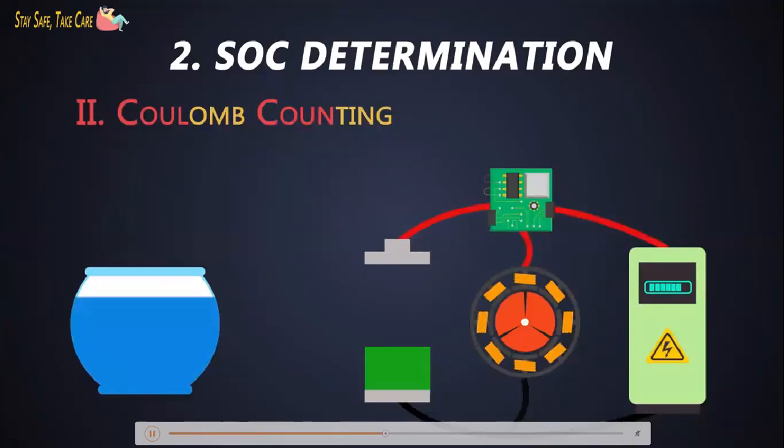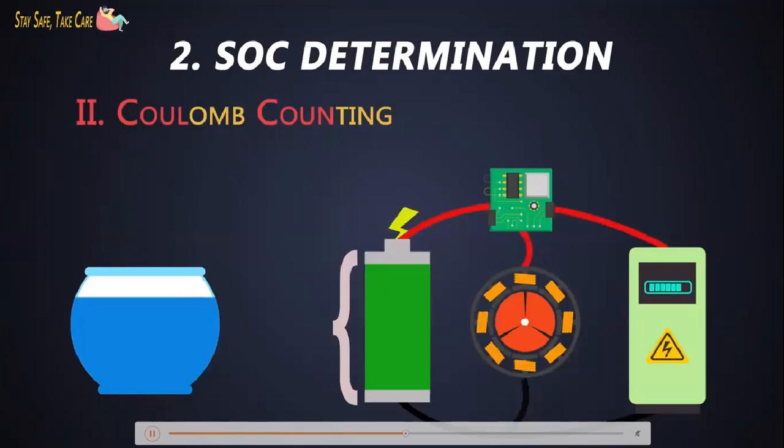It's like pouring water into a pot. Imagine the battery as a jar and water as electrical energy or charge. The BMS measures how much current is going inside the battery and calculates the charge deposited inside the battery over time.